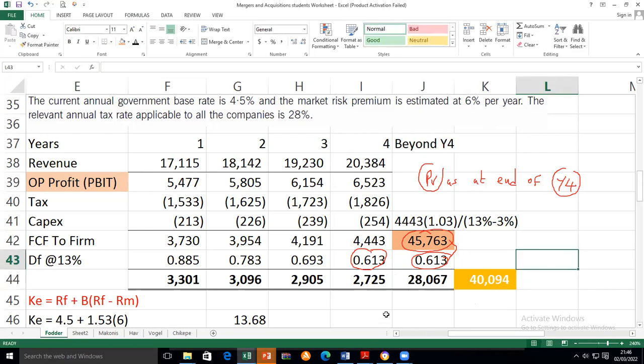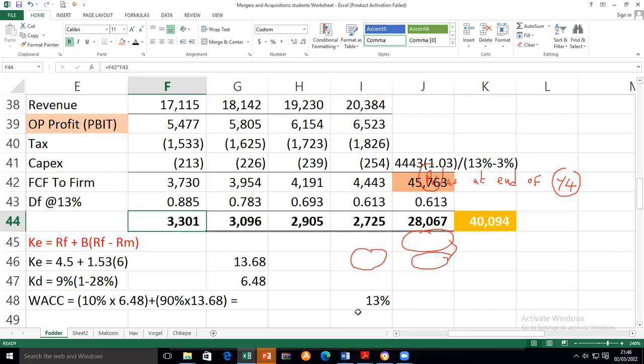So now we've got the value for beyond. So the present value for everything that will happen after the first 4 years is this figure here. And then you add it together with what is happening in the first 4 years. And that gives you 40,094.